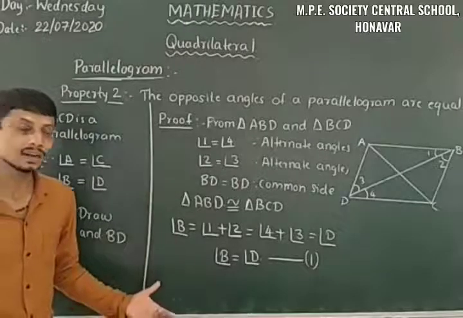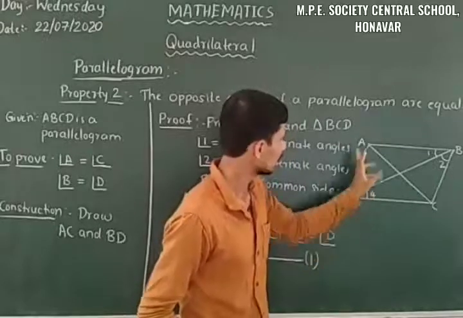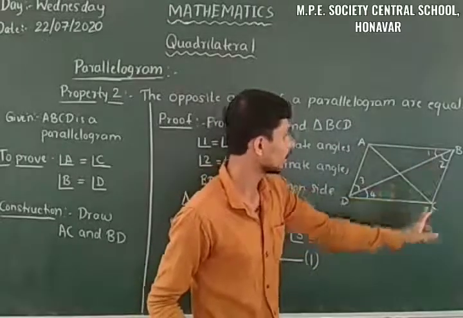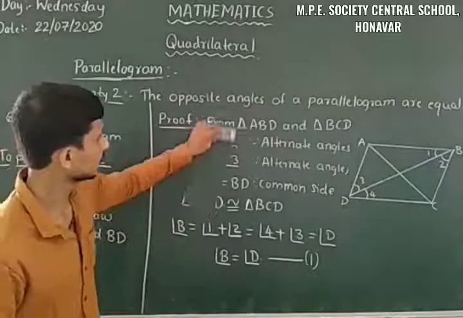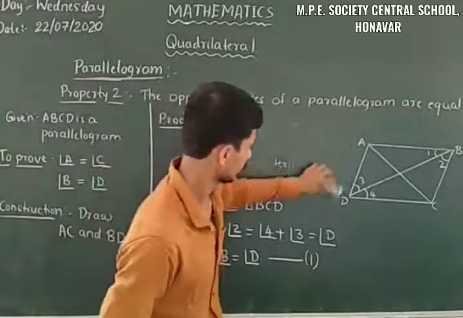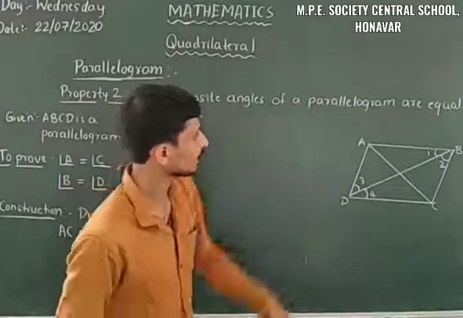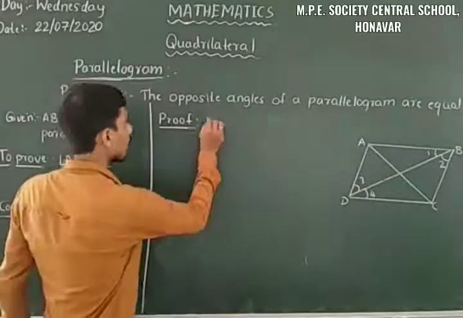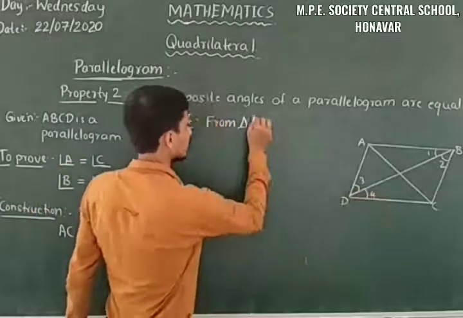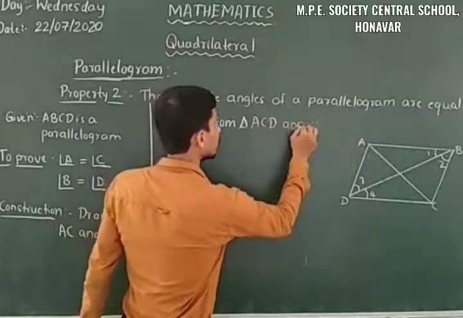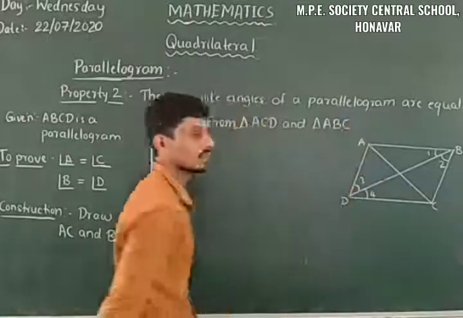Simultaneously we have to take another two triangles, that is triangle ACD and triangle ABC here.